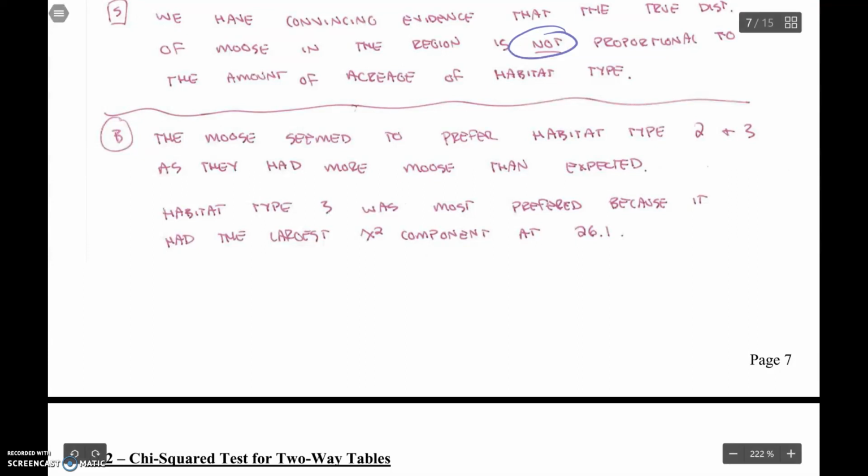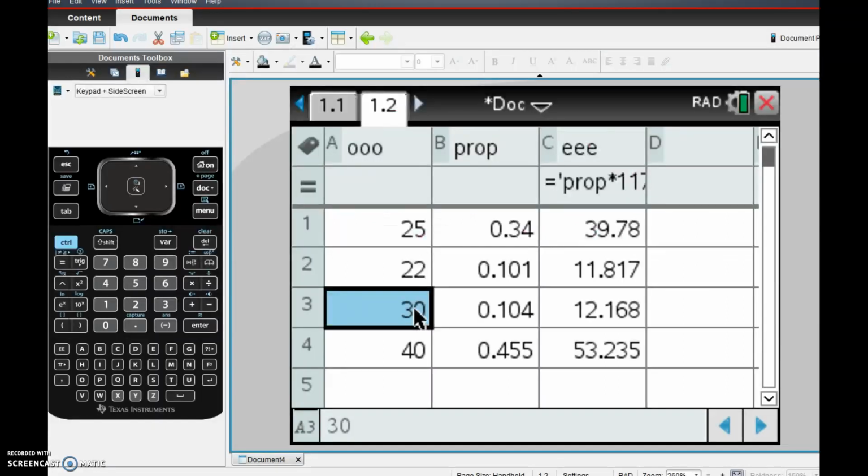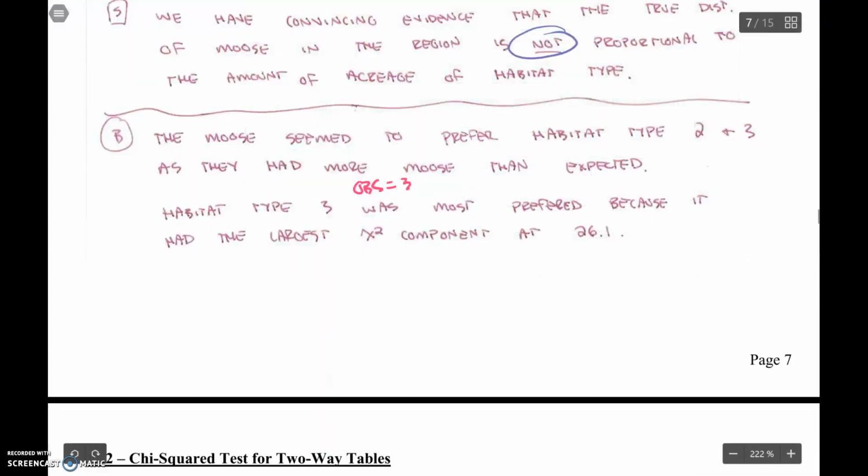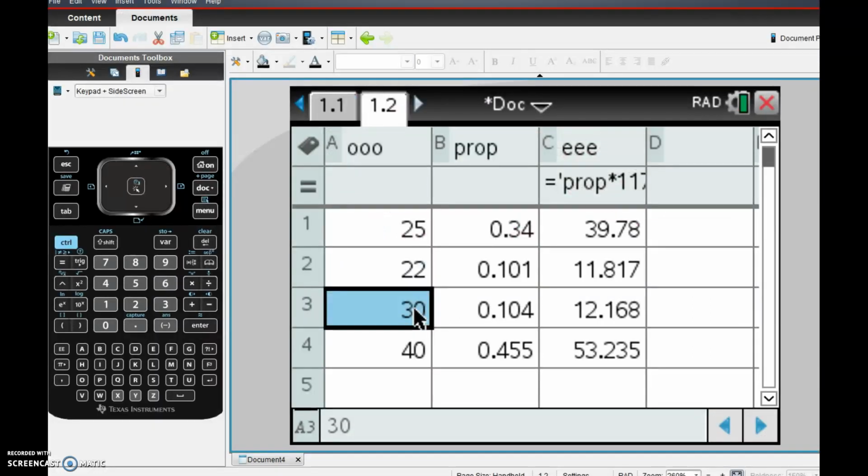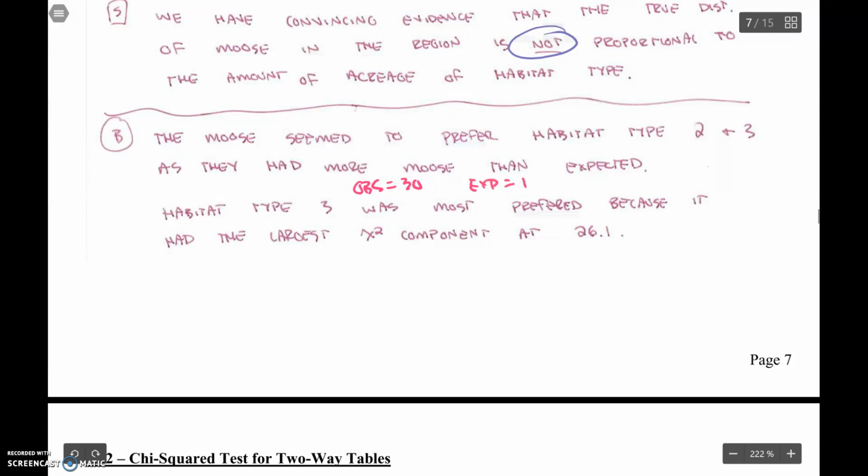In fact, I don't like my response. I wish I would have said something like type 3, like say the observed count in 3 was 30, and the expected count was 12.2. That is a big difference.